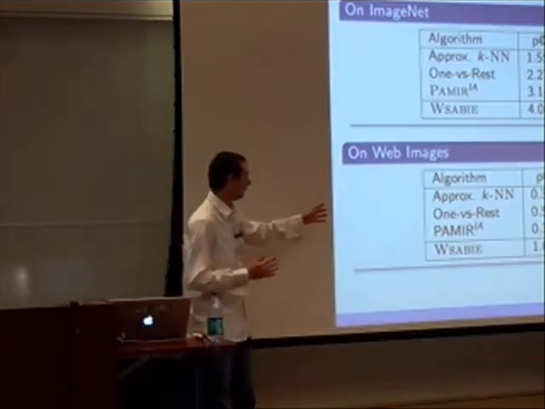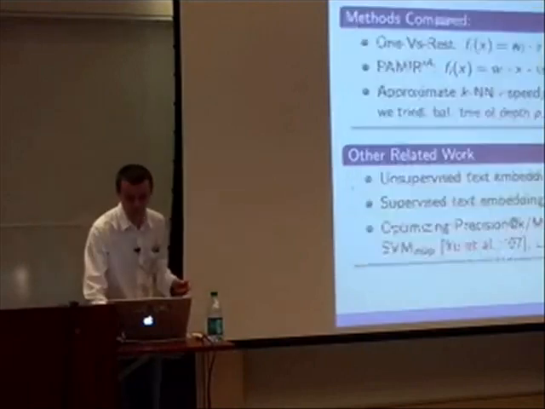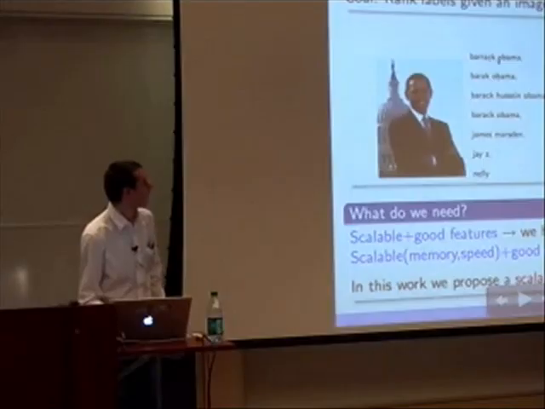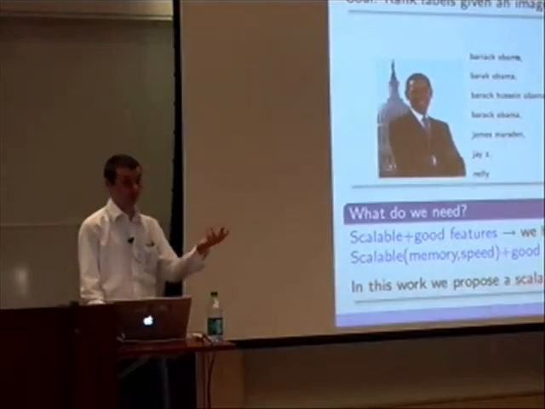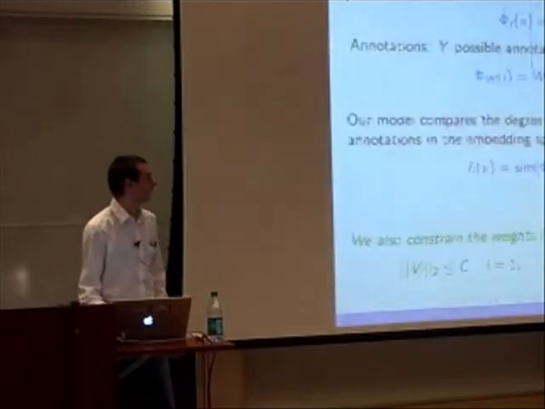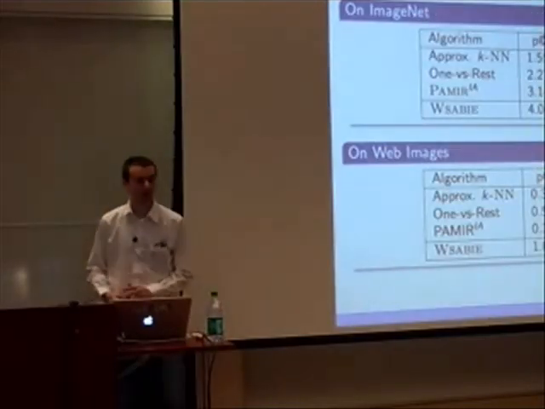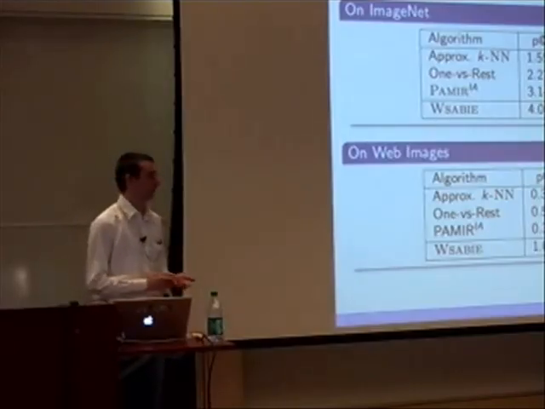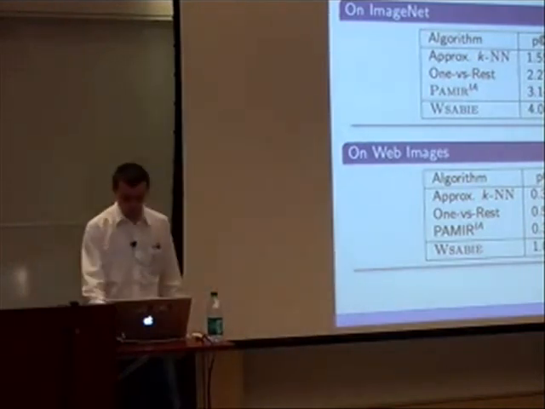On the web images, you have 100,000 annotations, but some of them are very similar, like Barack Obama and Barack Hussein Obama. If you don't get the right one at the top, you don't get it right for precision at 1. So we're suffering from that. I think in reality it's probably more in the range of 20% that are relevant at the time.